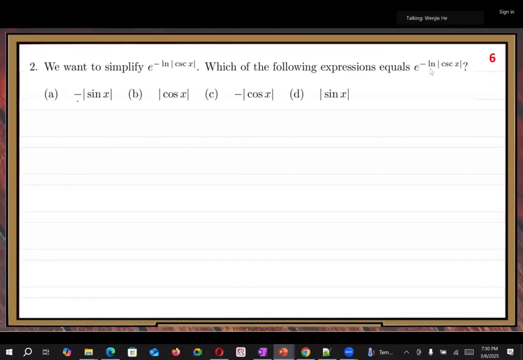The first one, this expression, you just carefully calculate it. e to the negative natural log absolute value cosecant of x. You can put the negative sign as a reciprocal, the reciprocal of cosecant.